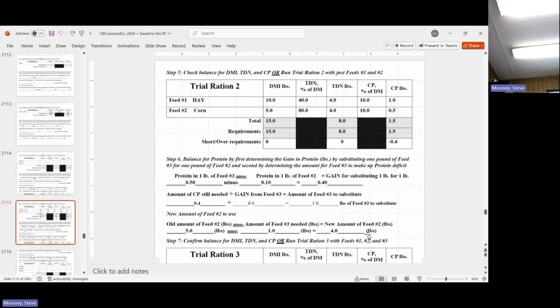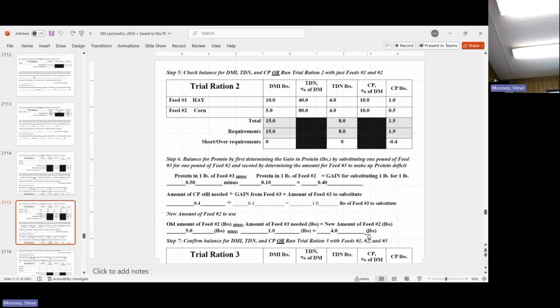So you're going to skip over to get this last one. So 10 times 0.1, 1/10 of 10 is 1 pound. 5 times 0.1 is going to give us a half a pound. So 1 plus 0.5 is going to give us 1.5 pounds provided.